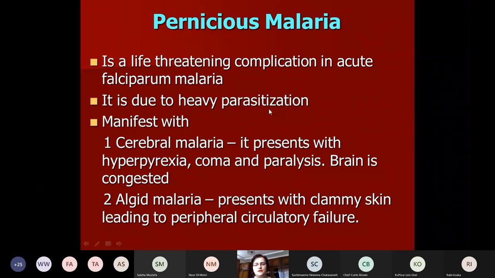Pernicious malaria, what does it mean? It is a life-threatening complication in acute falciparum malaria. It is due to heavy parasitation and manifests as cerebral malaria. It presents with hyperpyrexia, coma, and paralysis. The brain is congested. Algid malaria presents with clammy skin leading to peripheral circulatory failure.